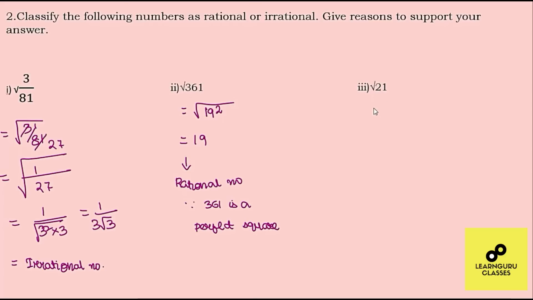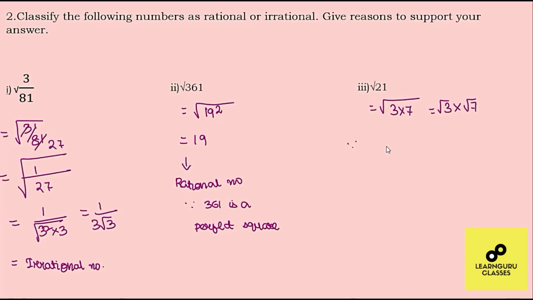Okay, root 21. Root 21 can be written as root of 3 into 7, so root 3 into root 7. Root 3 is an irrational number, and root 7 is also an irrational number.